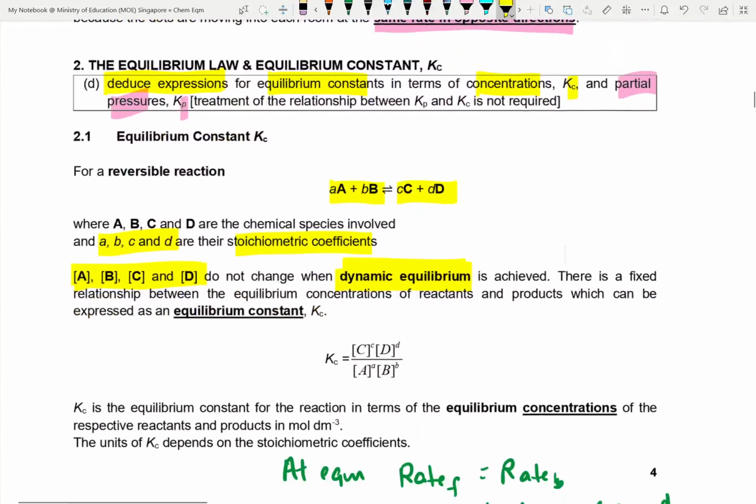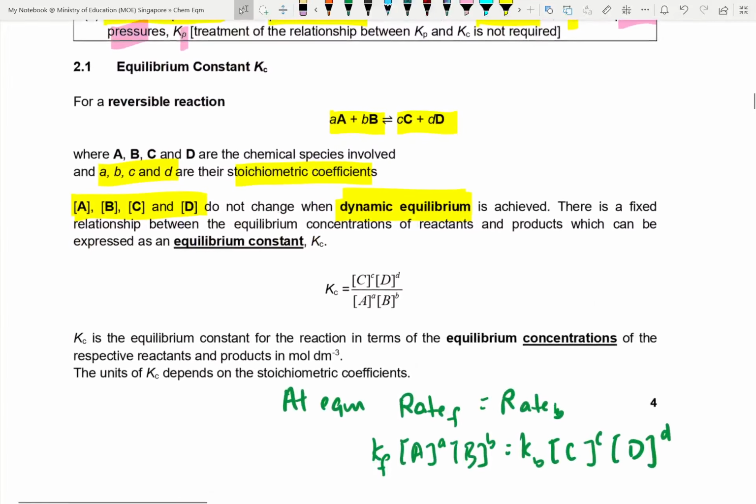So this would mean that there is a fixed relationship between the equilibrium concentrations of the reactants and products, and this can be used to express the equilibrium constant here.